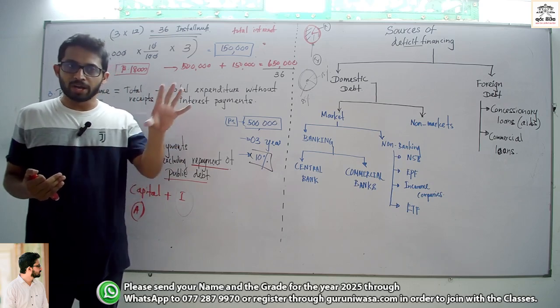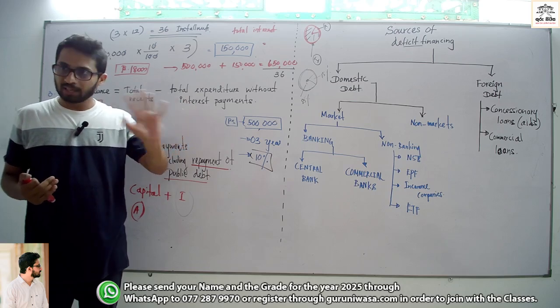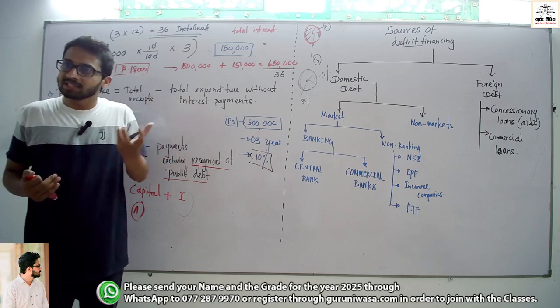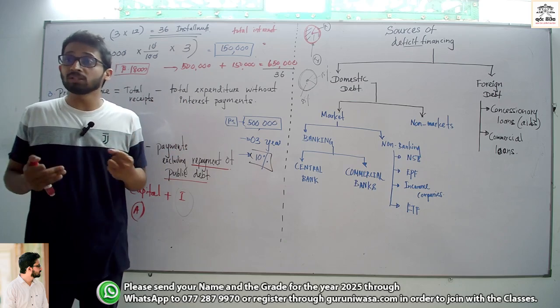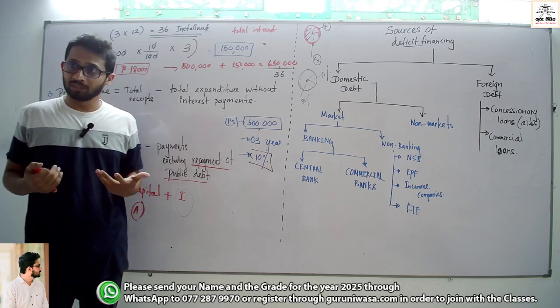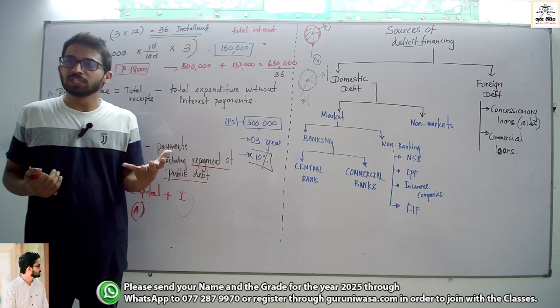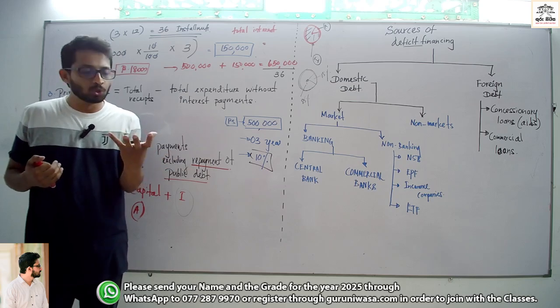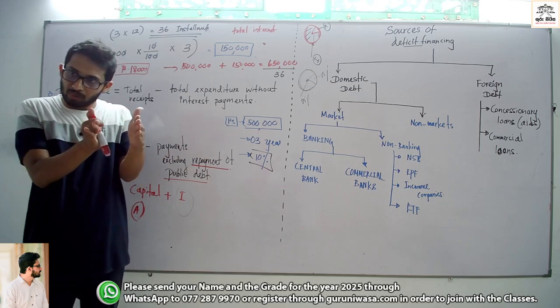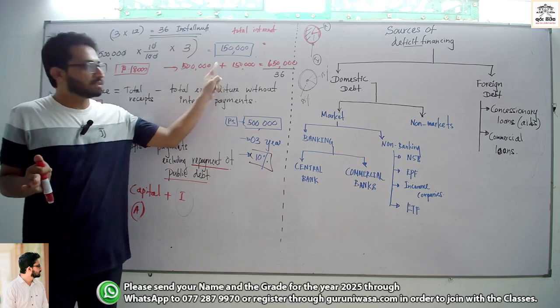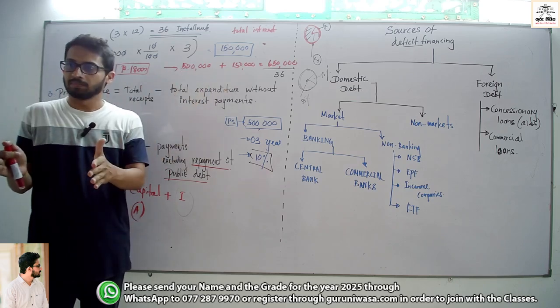Or for the entire 2026, this is the total loan installment I have to pay. That includes both: number one, the capital part, the other one, the interest part. Are you okay with this?